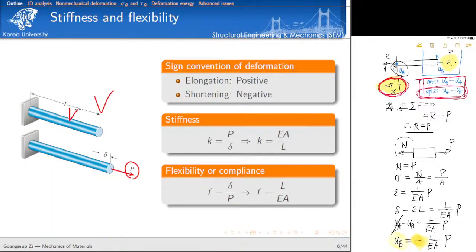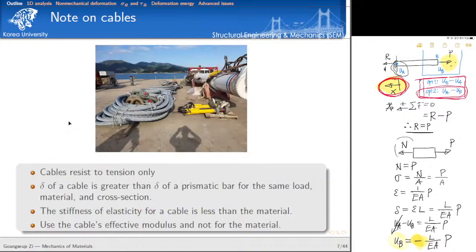Now we talked about one-dimensional solid members. Here I'd like to give a note for cables. So cables are typical one-dimensional members. Okay, they can resist only tension. Typically, if you compare the elongation of a cable to that of a prismatic bar with the same cross section, it usually produces more elongation.